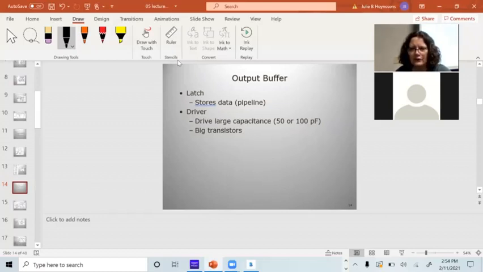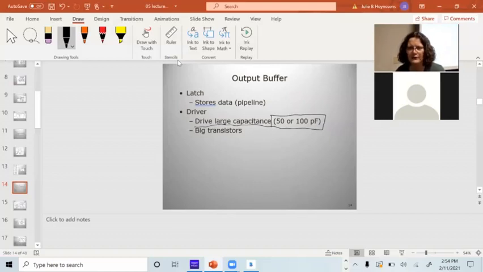So I need a latch to store the data that I want to put on the output, and I'm going to have to store the data in a pipeline architecture because sometimes, if I'm doing this by 4, it's going to take 4 clock cycles to get all 16 bits out. So I'm going to have to store the previous data and make sure that that gets in there at the right time. For my driver, I'm driving a really big capacitance.